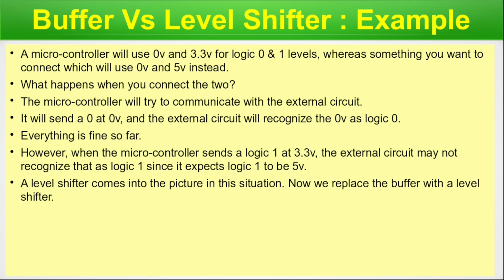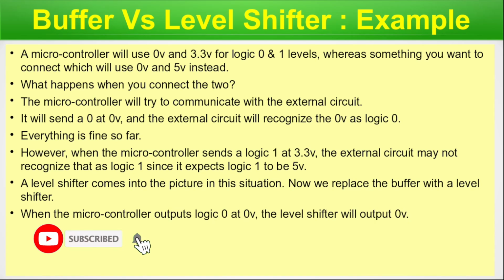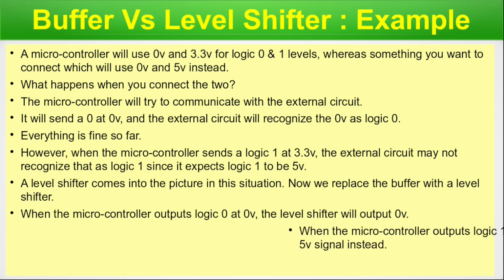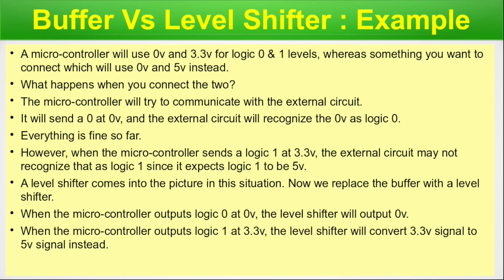A level shifter comes into the picture in this particular situation. Now, we replace the buffer with a level shifter. When the microcontroller outputs 0, the level shifter will output 0. This is the same as the buffer. When the microcontroller outputs 1 at 3.3 volt, the level shifter will convert the 3.3 volt signal into a 5 volt signal.